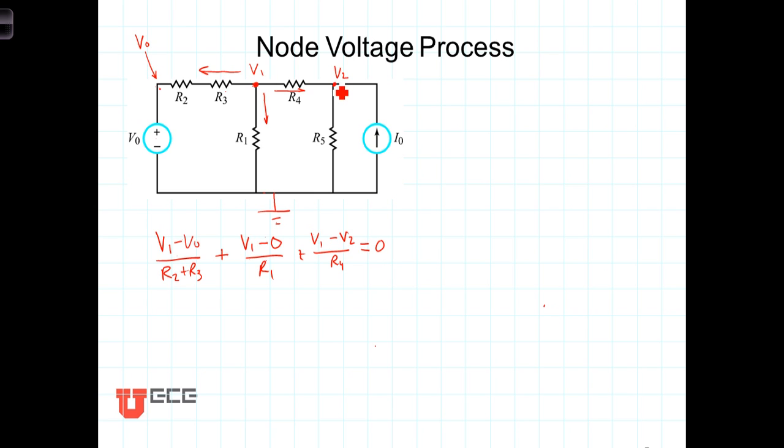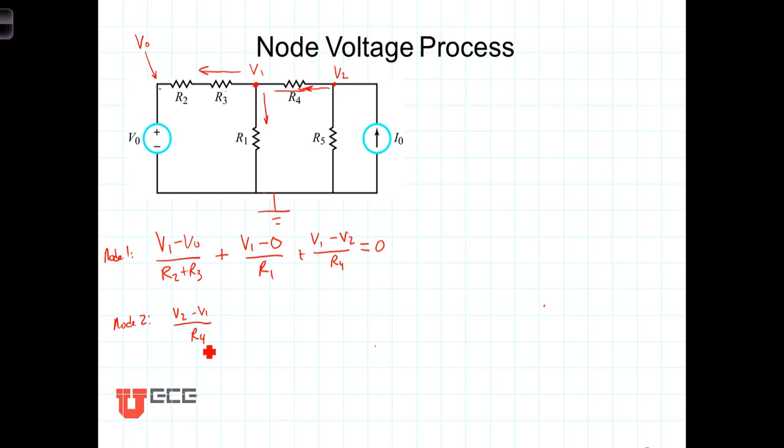Similarly, we write another KCL at node 2. So this is node 1. And then at node 2, the current leaving node 2 going this way is going to be the voltage at the right-hand side, V2, minus the voltage at the left-hand side, V1, divided by R4.